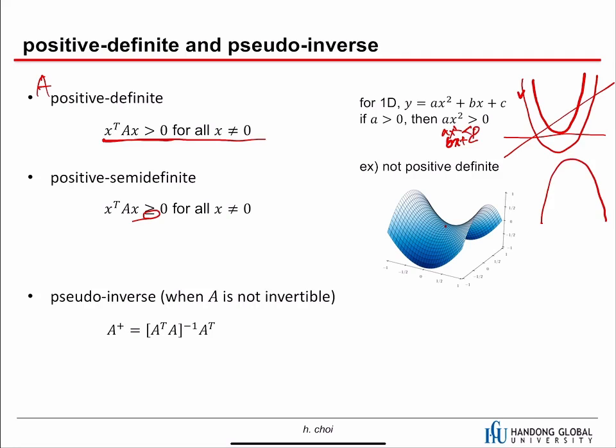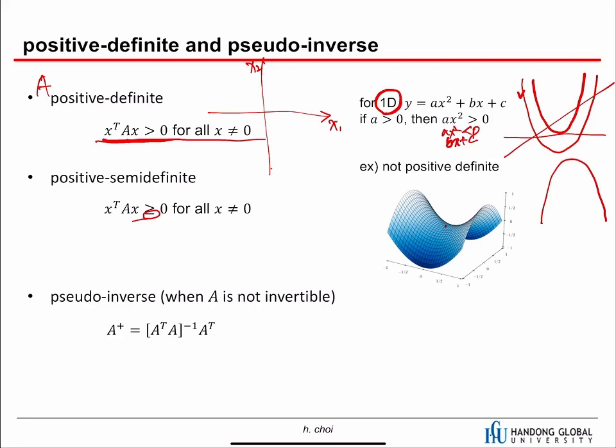So if it is positive definite, in this case, we talked about one-dimensional space. So in general, if this is always positive, then let's say we are in the two-dimensional space. This one is x1 and this one is x2, and x transpose A x has some value, right?